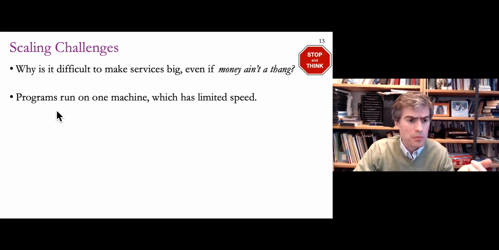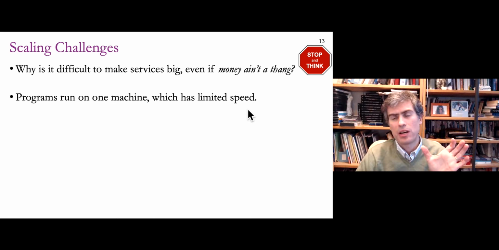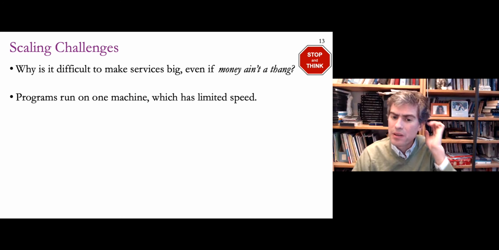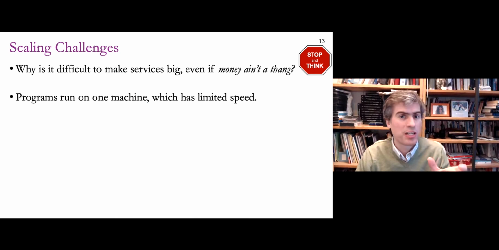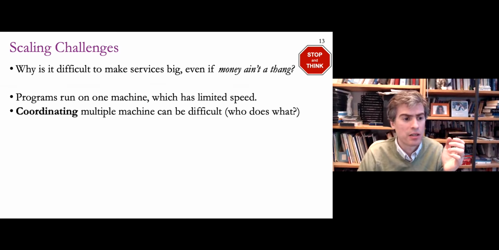Everything we know about computer programs so far from introductory programming involves programs running on one machine. Any machine has limited speed, and you actually can't buy a machine that's arbitrarily fast. So that in itself is a limiting factor in scaling.